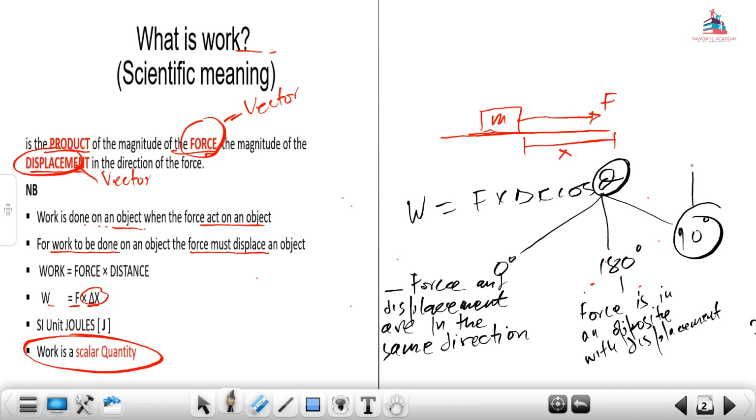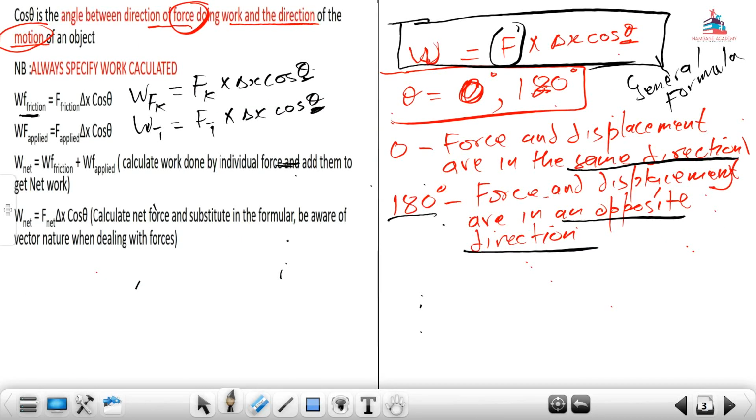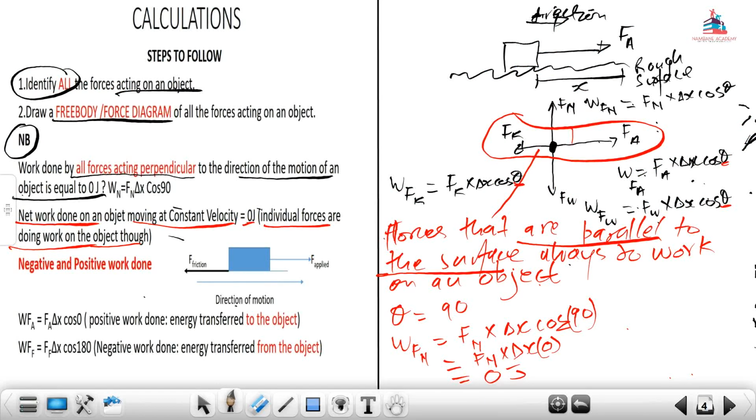And then we said 90 will be for perpendicular forces. And remember, we said the work done by perpendicular forces will also be 0. But we further broke it down into the details. So that is the basic summary that I did.